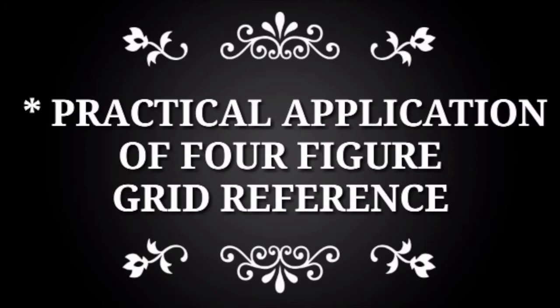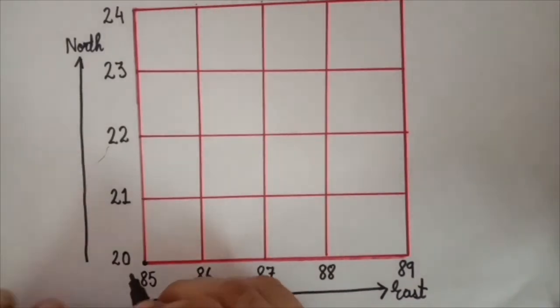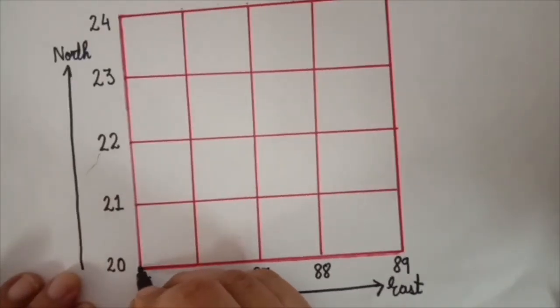Now, children, let us learn the practical application of 4-figure grid reference on the topographical maps. Now, children, the following points as per the convention should be kept in mind while reading the grid reference. Origin is the southwest corner of the map. The reading on the map is always taken in reference to this origin.